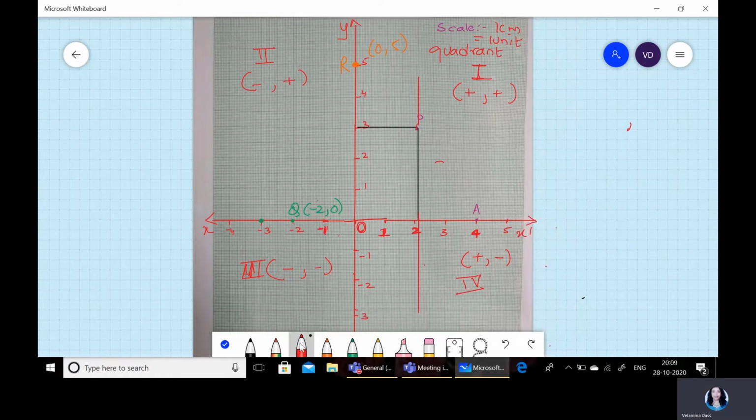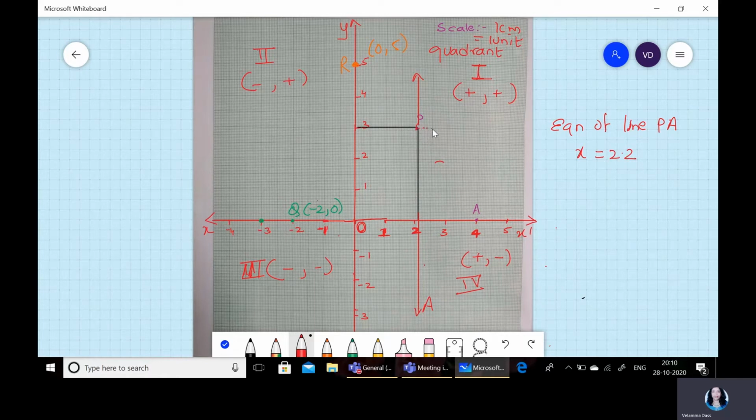So if I extend this line, I'm getting this line. And it is actually 2.2 here. So if I want to find the equation of this line, suppose I give this name as PA. So equation of a line PA, this line is parallel to y-axis. So if it is parallel to y-axis, this will be in the form of x equal to constant. Therefore, here x equal to 2.2 is the equation of line PA.